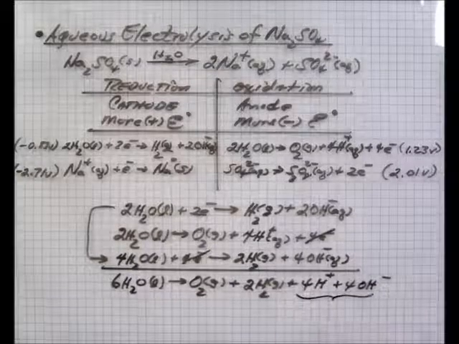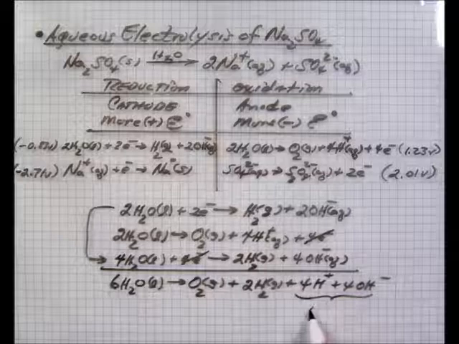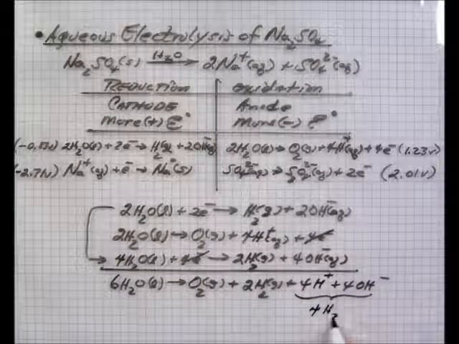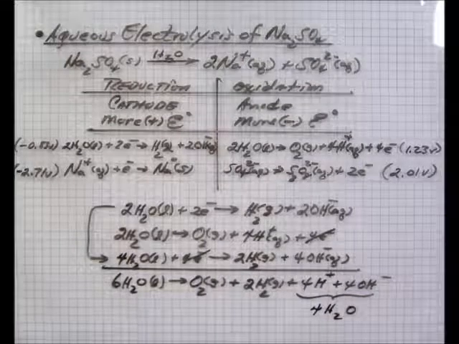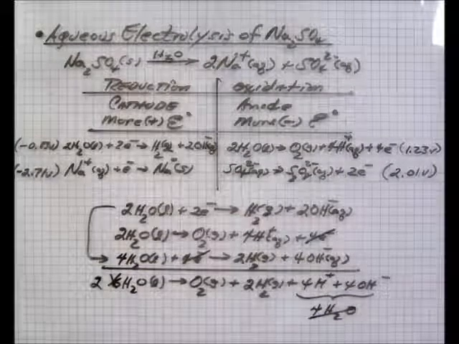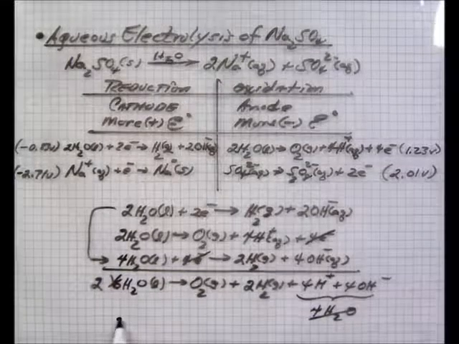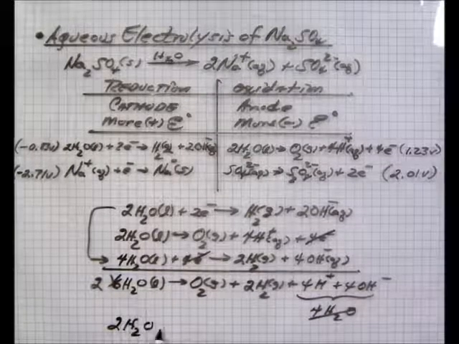Well, this is going to combine very quickly hydrogen and hydroxide into 4 moles of H2O, and as a result this will cancel with this and simplify the equation to 2H2O as a liquid.